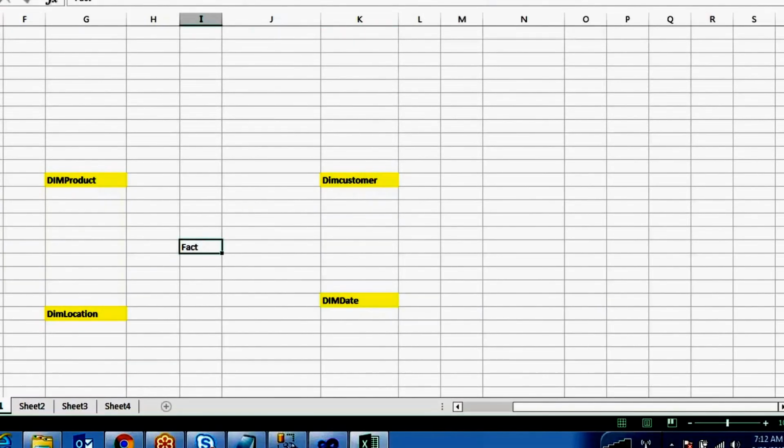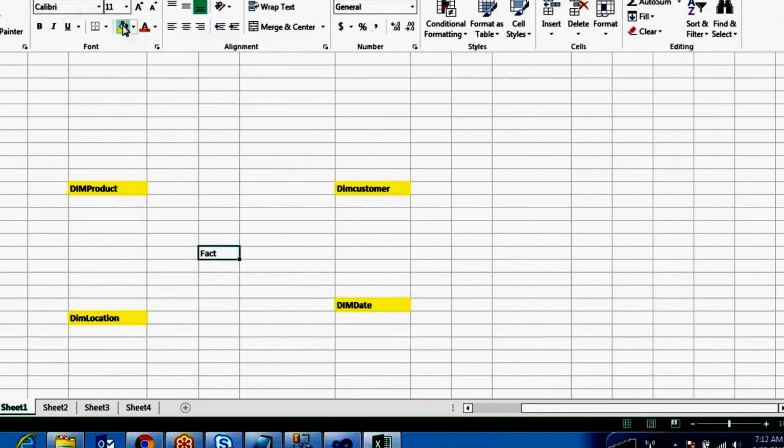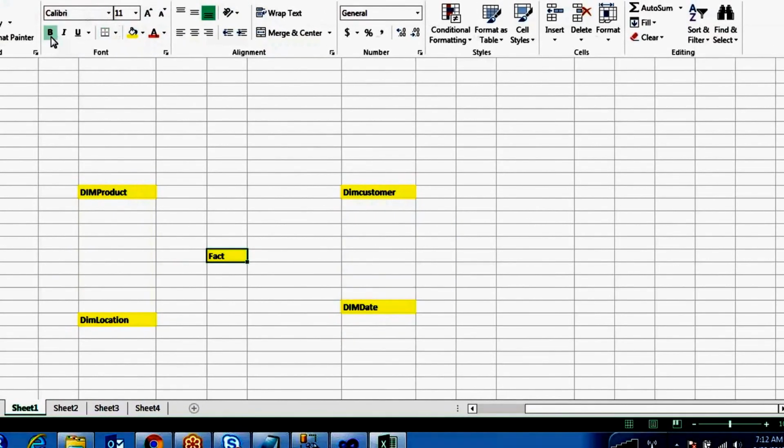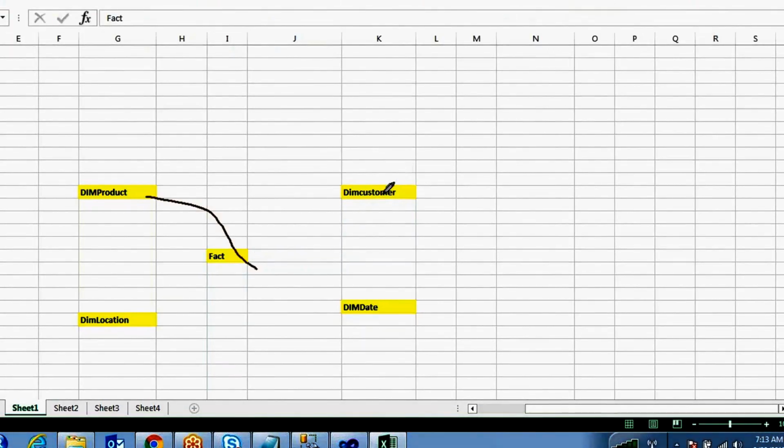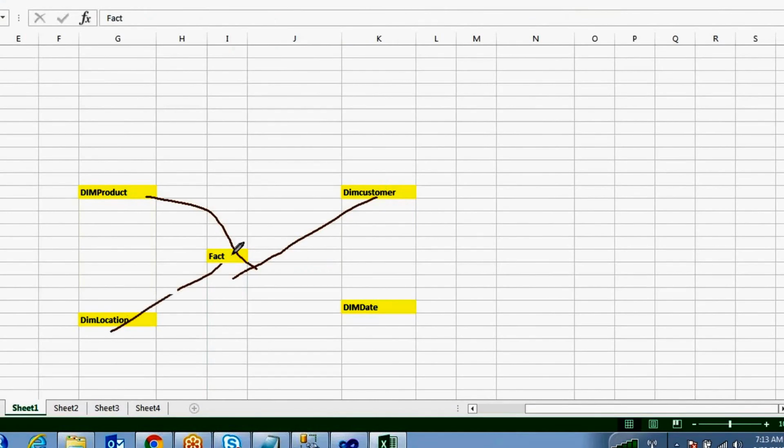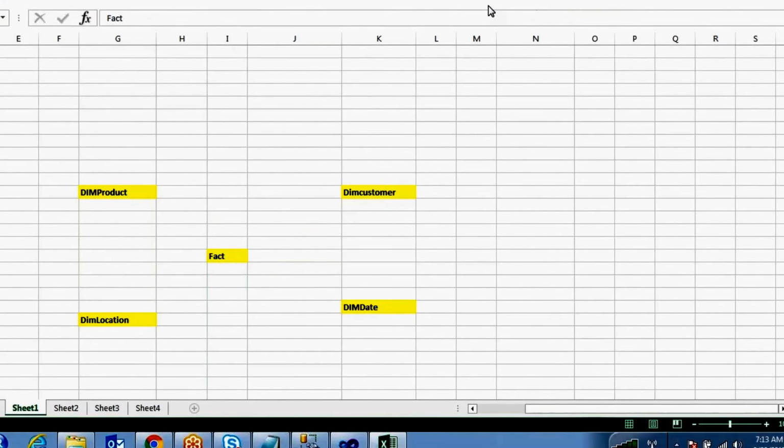This is the fact table. This product table has a direct relationship with the fact table, and the customer, location, and date dims too. I have two more tables.